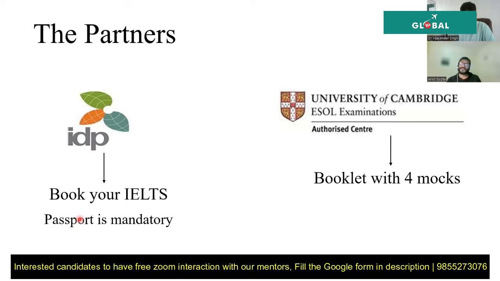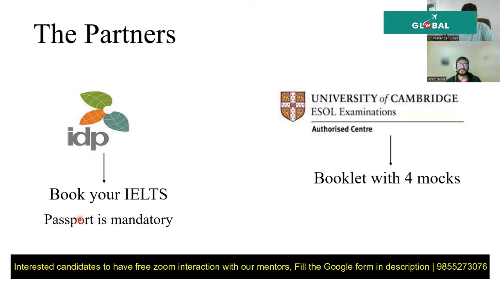Now regarding modules, something very important which a student has to understand. There are two kinds of modules. Number one is called academic, and the second one is called general. Those students who are targeting masters, PhD, or general university admissions have to book their academic test, not the general training test.